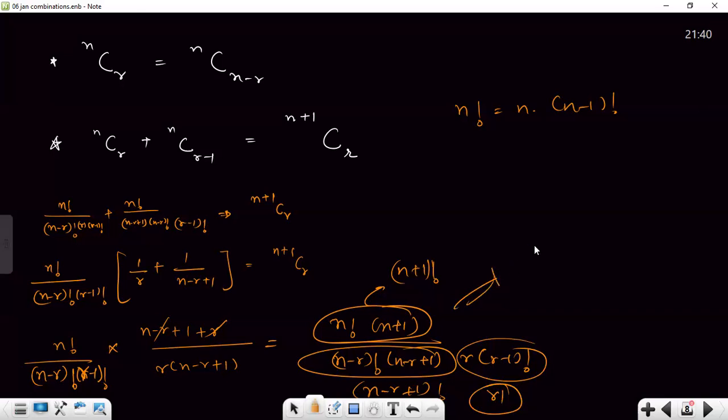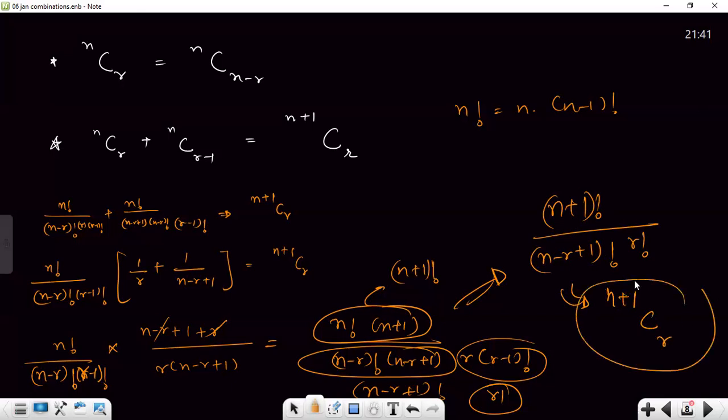So we can write it as n plus 1 factorial divided by n minus r plus 1 factorial into r factorial. We may write this as the formula of n plus 1 C r, which is the right hand side, and hence our property is proved.